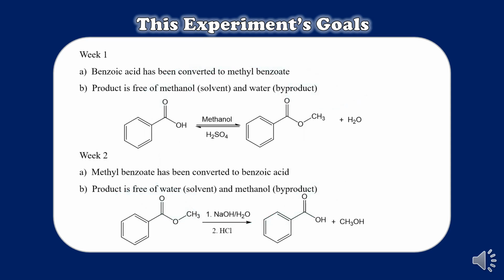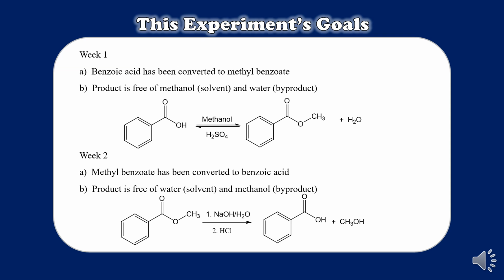In order to accomplish this, we'll be working to first create an ester from benzoic acid and methanol. The ester that we'll make is called methyl benzoate and smells a bit like peppermint or flowers. Once we create that, we're going to demonstrate that the product is free from the original solvent methanol and the byproduct water by characterizing it using IR and NMR spectroscopy.